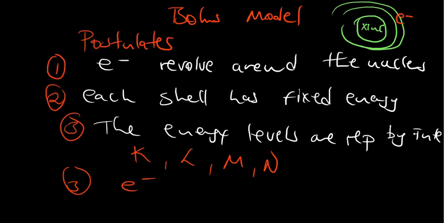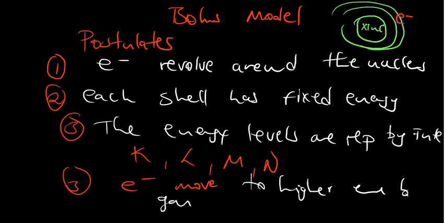So electrons move to higher energy levels by gaining. What that means is, if we are moving from n equals 1 going outwards, electrons are supposed to gain, and as you drop, they are supposed to lose. So these are the few postulates of Bohr's model that you need to take note of.